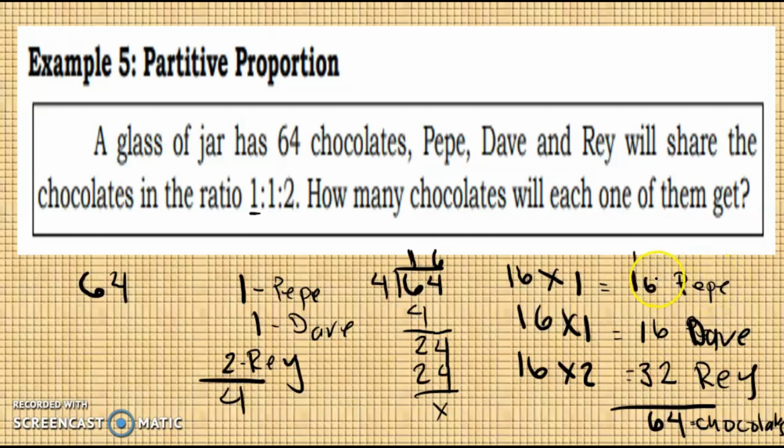So, 16 chocolates para kay Pepe, 16 chocolates para kay Dave, and 32 chocolates para kay Ray. So, yun yung sagot dito sa how many chocolates will each one of them get? Kay Pepe ay 16, kay Dave ay 16 chocolates, and kay Ray ay 32. Okay?